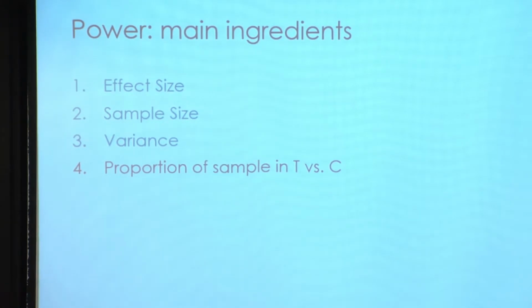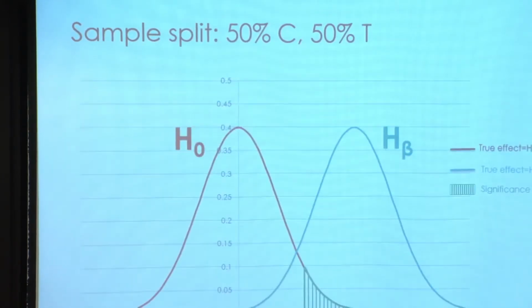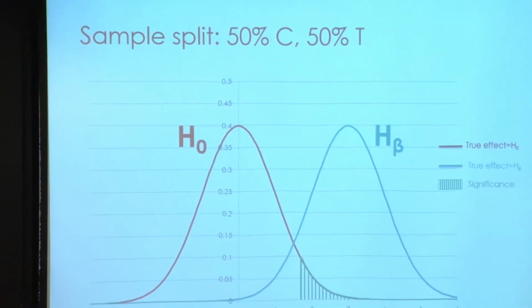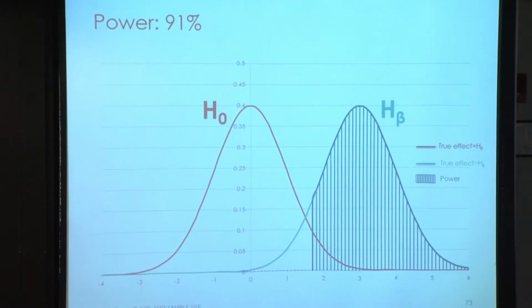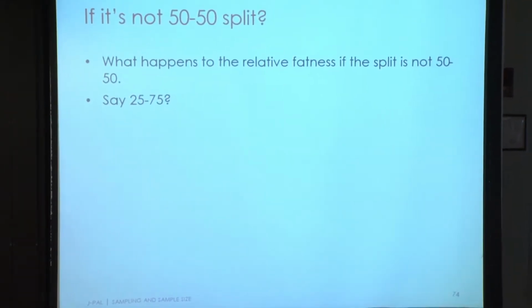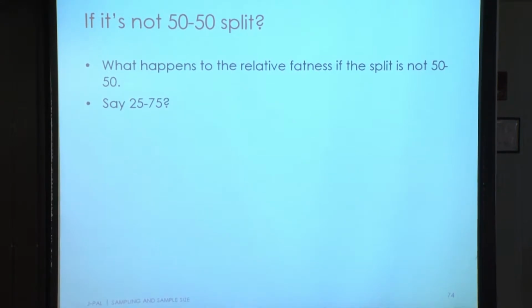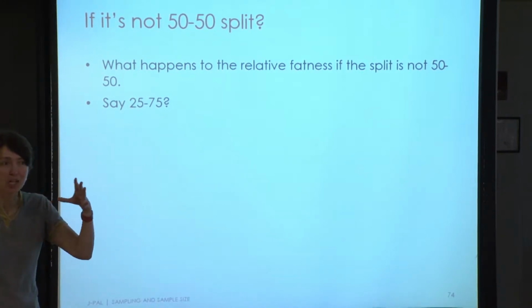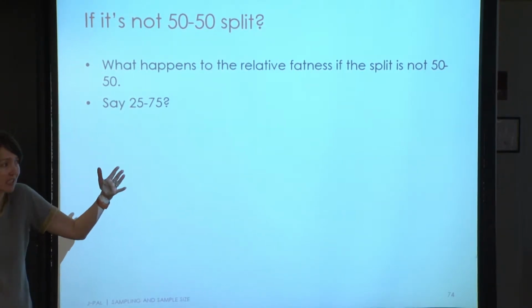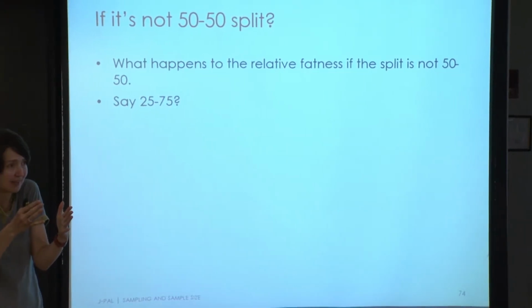Another ingredient is the proportion of the sample in treatment and control. This is what it would look like if there was a 50-50 split of our sample size between treatment and control. If it's not split 50-50, what happens to the relative fatness of the curves? We know that as sample size increases, the curves get thinner.